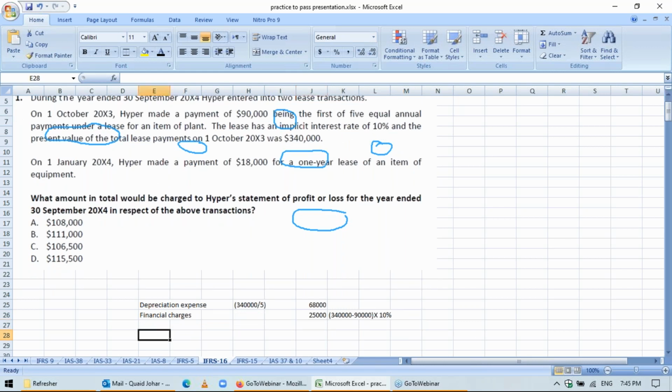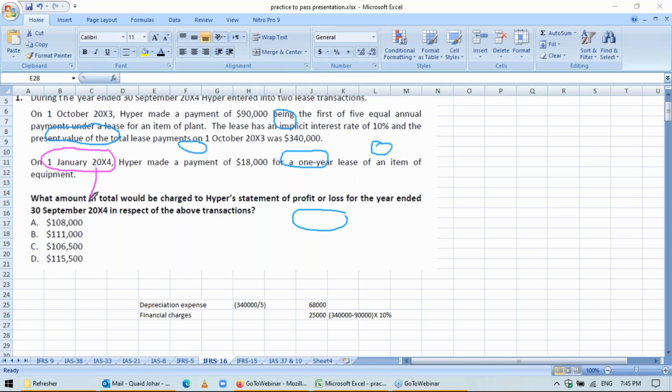What else? This is for the first lease. What about the second lease? In case of the second lease, this lease has been signed on 1st January 2004.